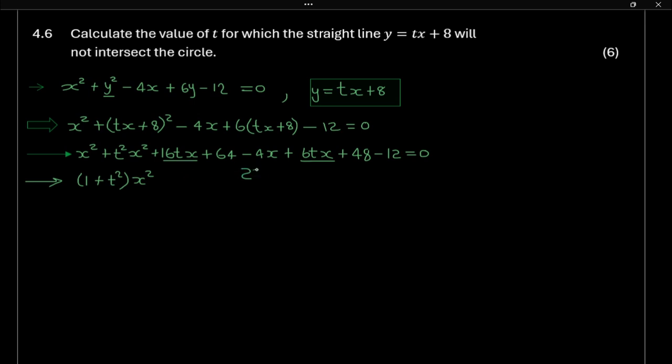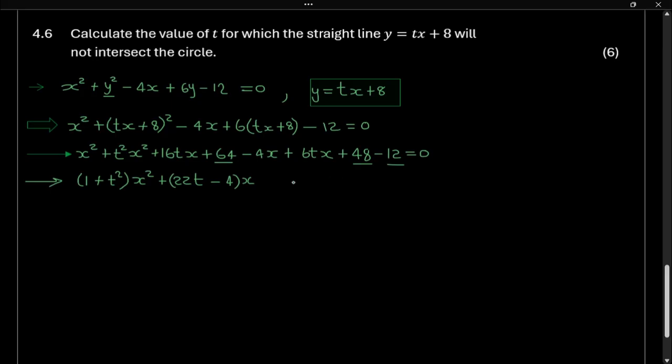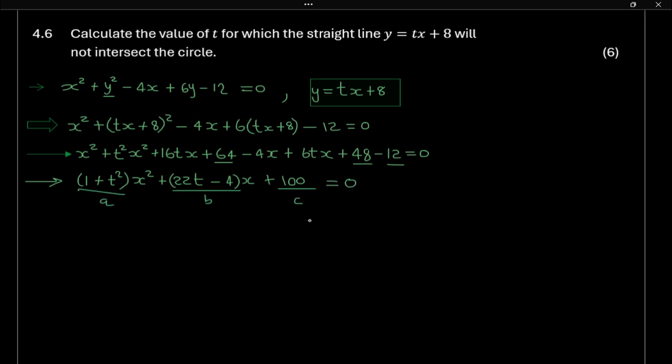Remember, 16tx plus 6tx makes 22tx, and then we have 4x there, which means minus 4x, so it's going to be plus (22t minus 4) x. So we just factor the x out. We have constants there, so we add all the values: 64 plus 48 minus 12 gives us 100. So that's going to be 100 equal to 0.